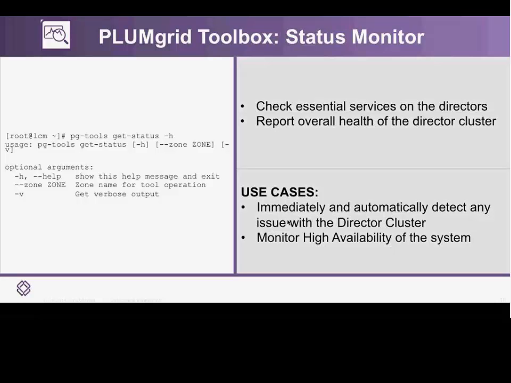Do we have one node down? Do we have two nodes down? Do we have a split brain scenario? Are we in headless mode? What is going on with our director cluster? This is really built around high availability of the system, and that's what this tool focuses on, and that's what you get alerts for: the ability to immediately detect if there's any issue with the director cluster.